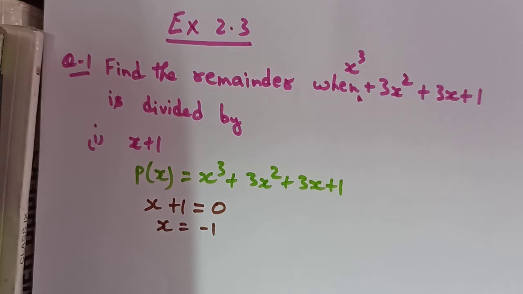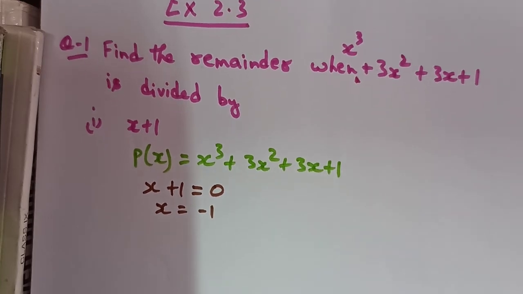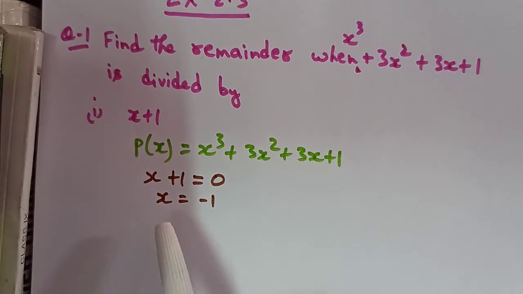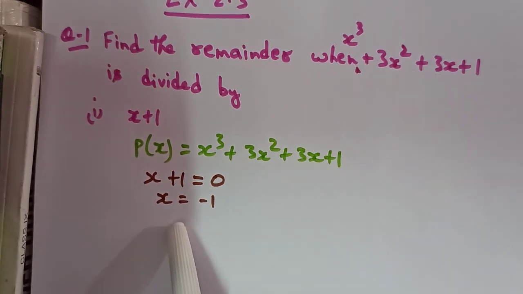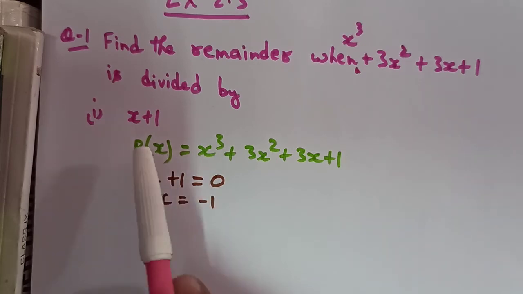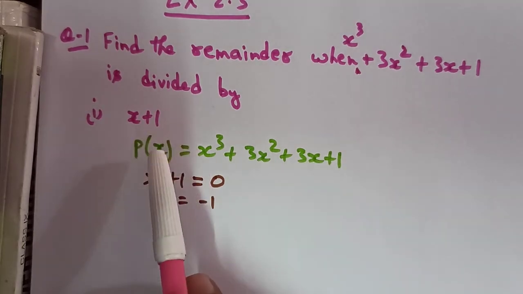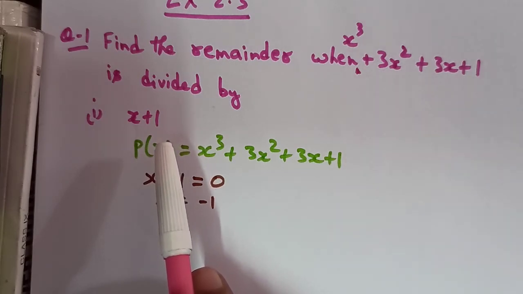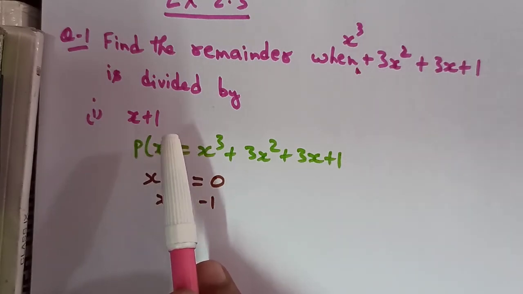Now, by the remainder theorem, we have to first find the value of p(a). Here we have got the zero of the polynomial, that means the value of a is minus 1. Remember the remainder theorem? It states that if a polynomial p(x) is divided by x minus a, then the remainder will be equal to p(a).